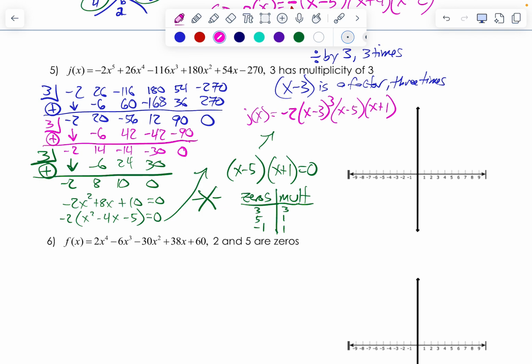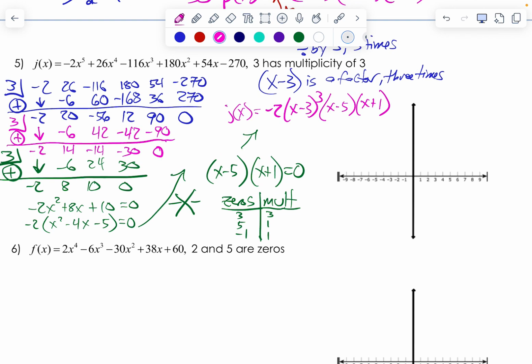So make sure that your factored form matches the end behavior of your given equation. All right, what is the end behavior for this one? Odd negative, right? So this version.